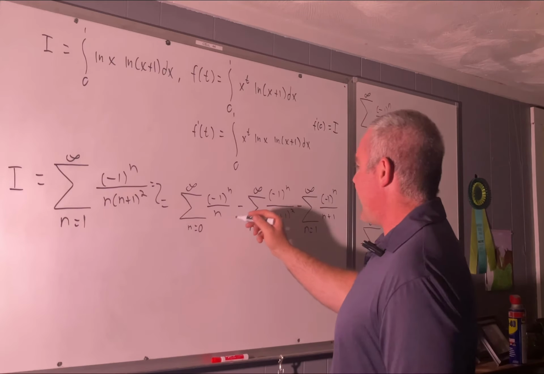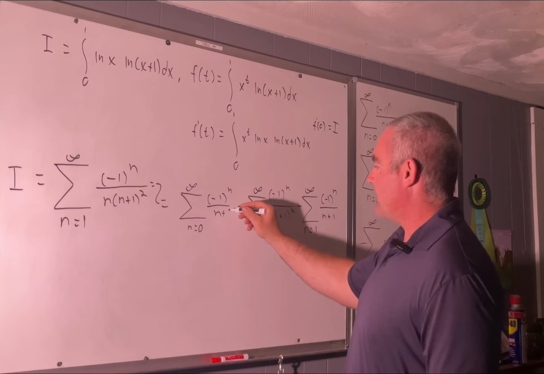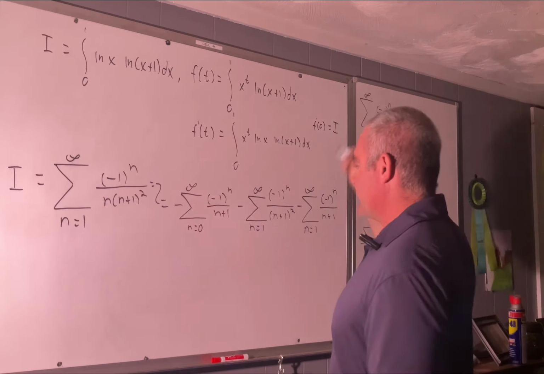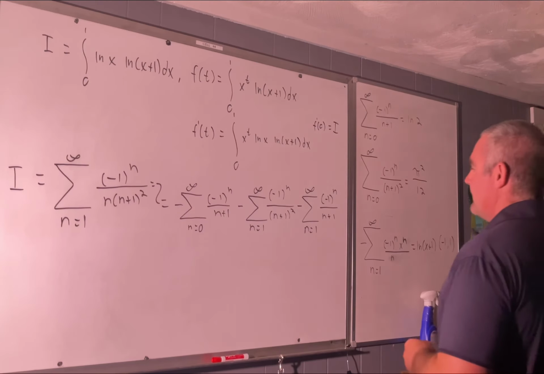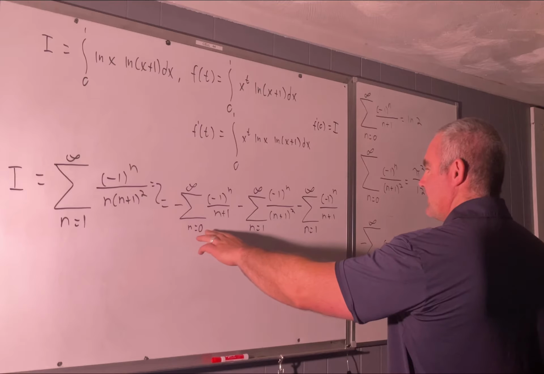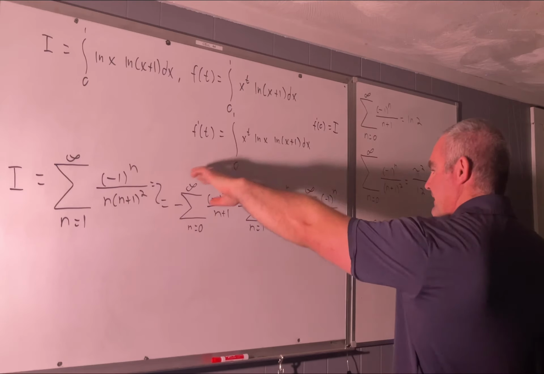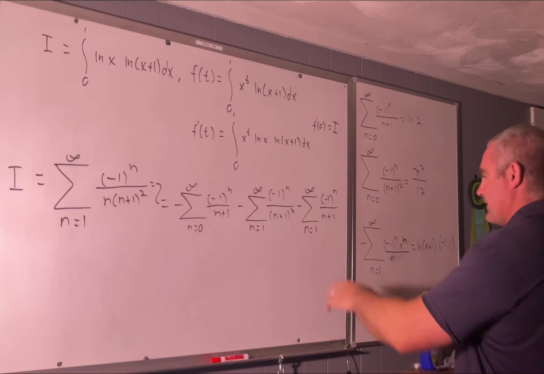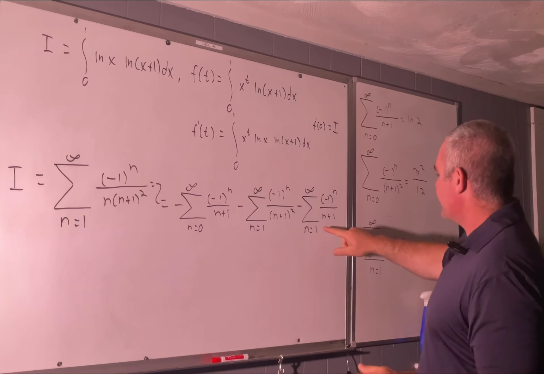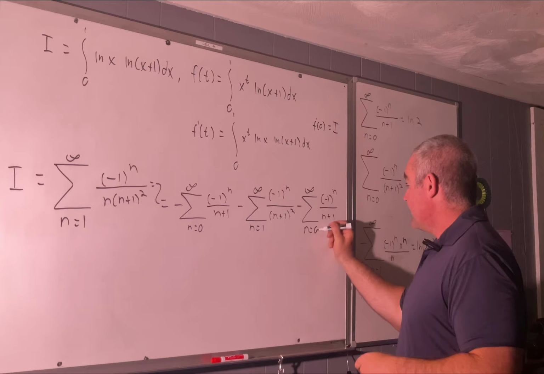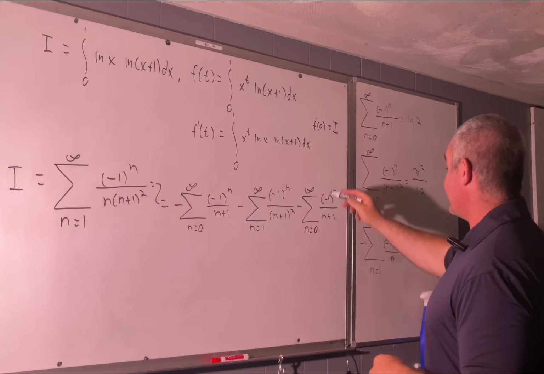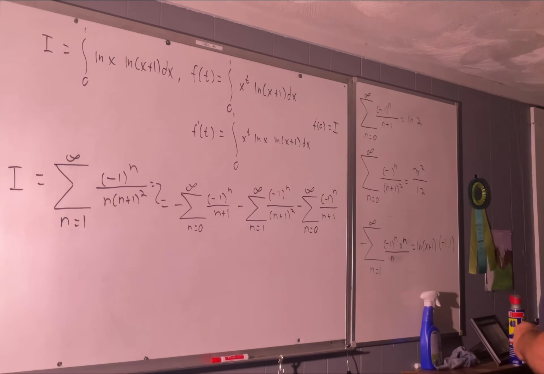So that means I have to add 1 to all of my n values inside it. So that would still be true. Okay. So now you'll notice we have this and we have this. They don't start at the same n, though. So let's change the index on this, but we'll do it in a different way. Instead of adding 1 to the index here, we're just going to subtract the 0th term.